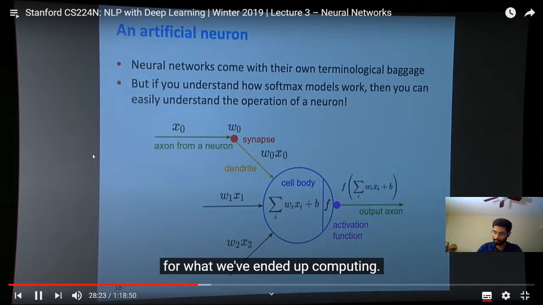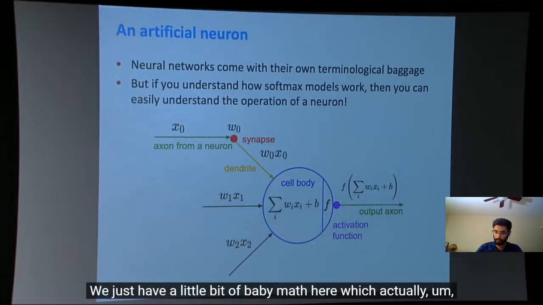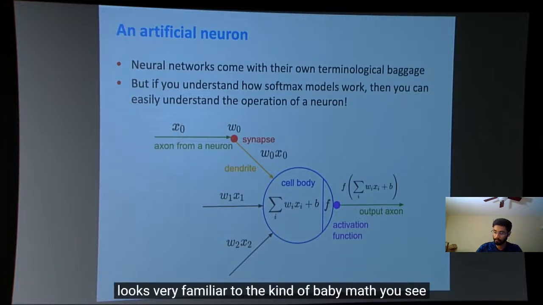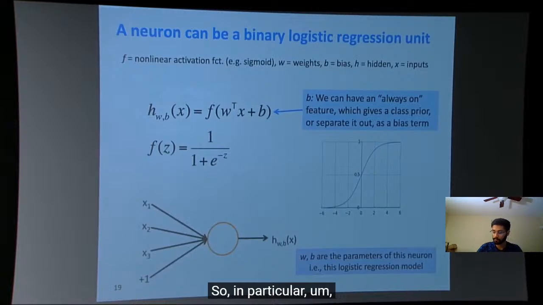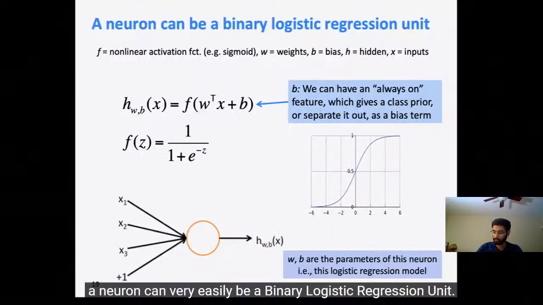for what we've ended up computing, we just have a little bit of baby math here, which looks very familiar to the baby math you see in linear algebra and statistics, and so it's really no different. In particular, a neuron can very easily be a binary logistic regression unit.